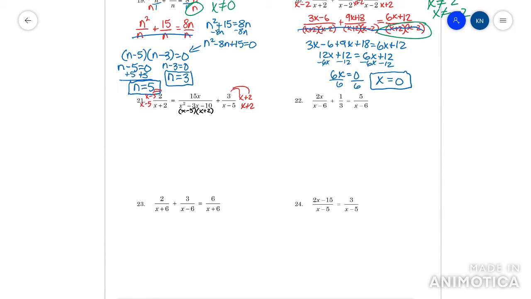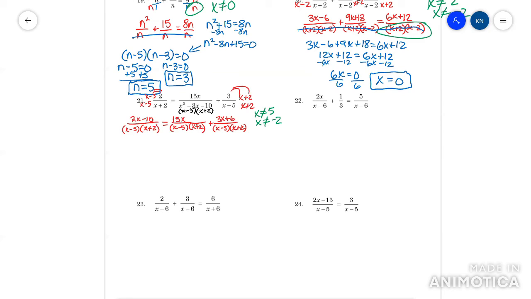All right, so it's going to look like this. 2x minus 10 over common denominator equals, the middle one did not change because it already had the common denominator, and then plus 3x plus 6 over common denominator. And this common denominator tells you that x cannot be 5 and x cannot be negative 2.